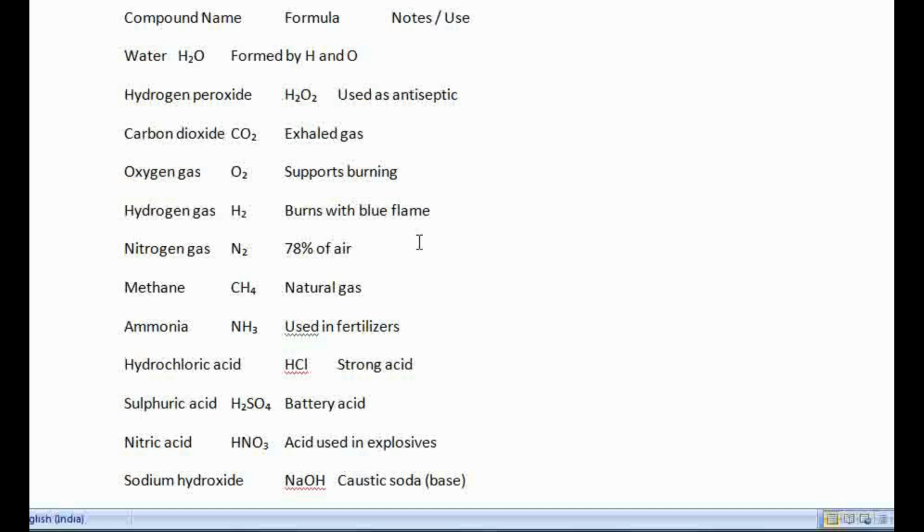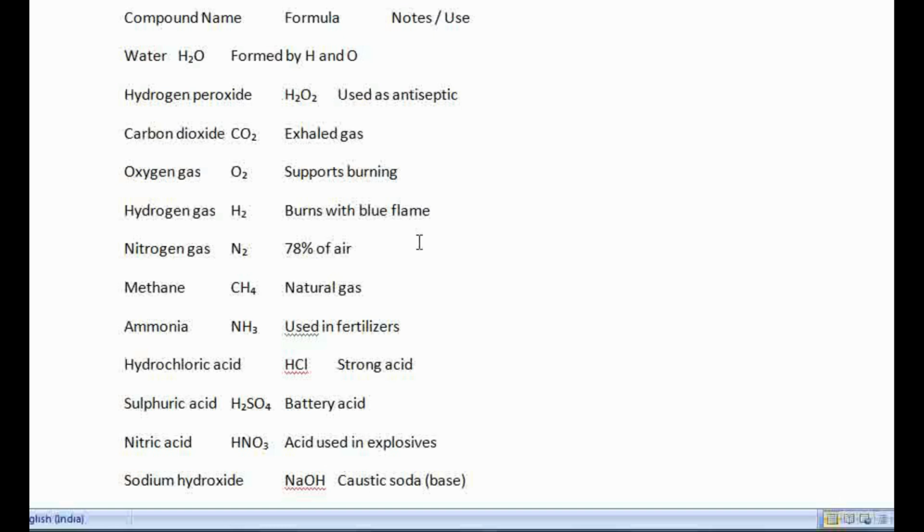It is formed by H and O. H is hydrogen and O is oxygen. Next, hydrogen peroxide H2O2, used as antiseptic. Next, carbon dioxide CO2, exhaled gas. In human beings we release carbon dioxide, that is the best example.